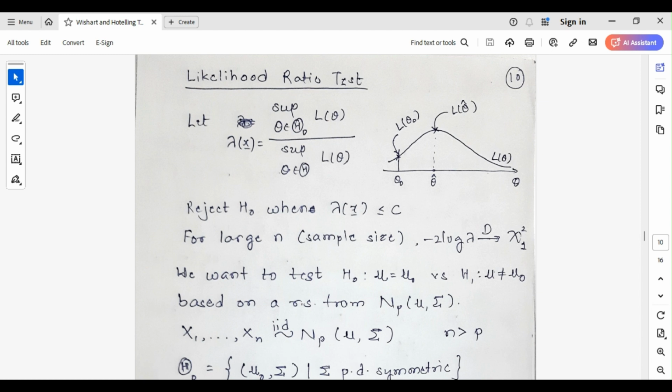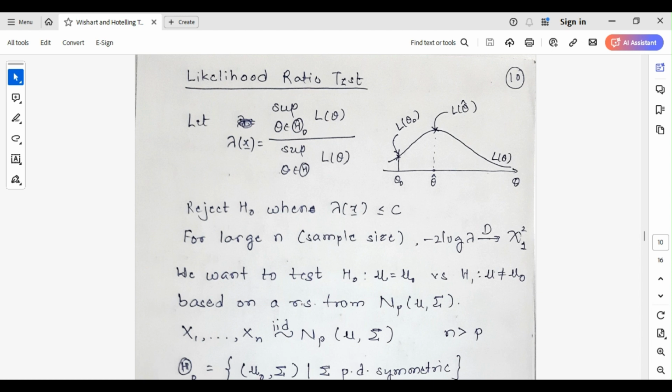And so in that case, this ratio of the supremums will be equal to 1 because the numerator and denominator will be equal. And so if that is the case, then we should not reject the null hypothesis.